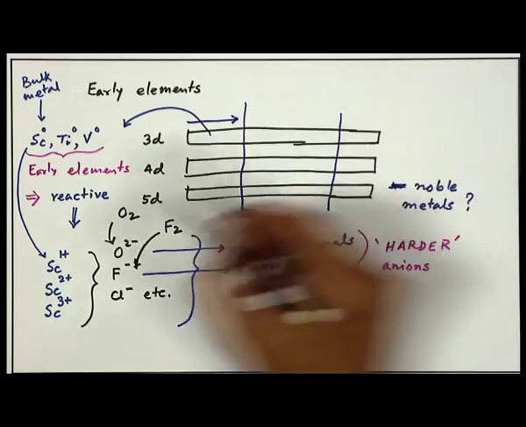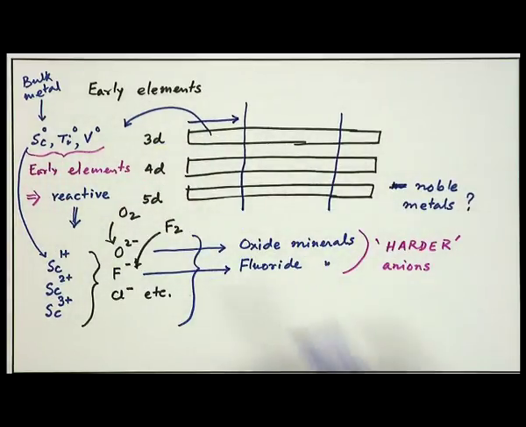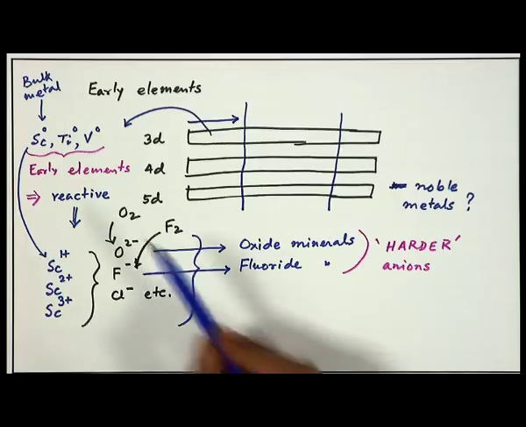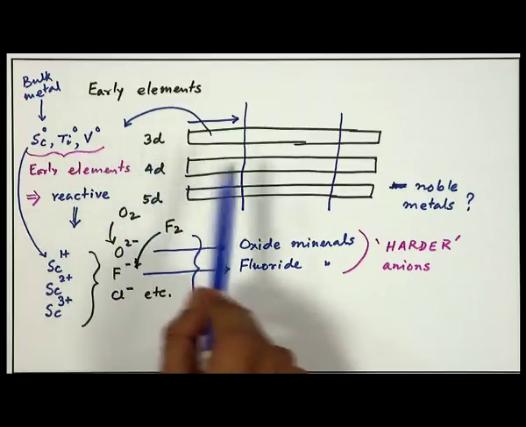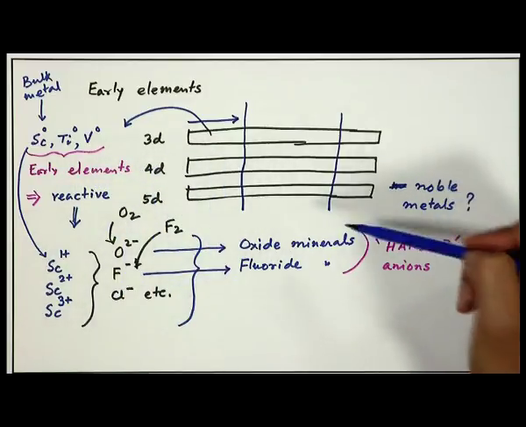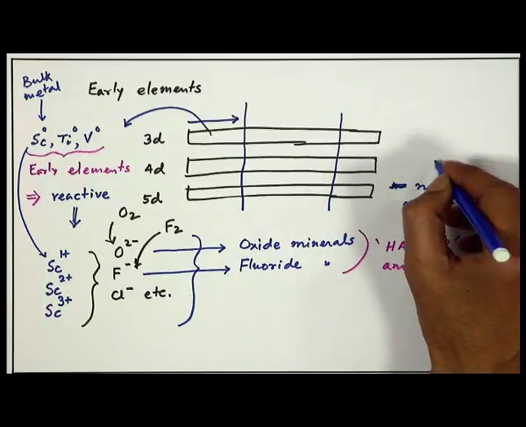But what about the other end? If we just simply consider these conditions or these properties of the early elements, those properties which are directly attached to the early elements are really violated when you move towards the other end. So, noble metals will be what then?